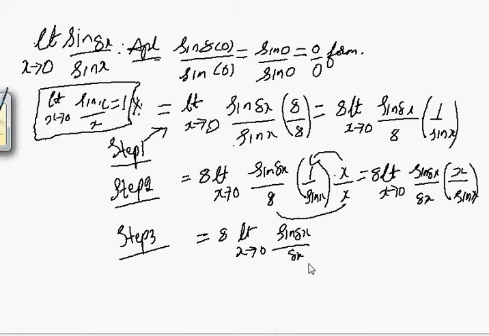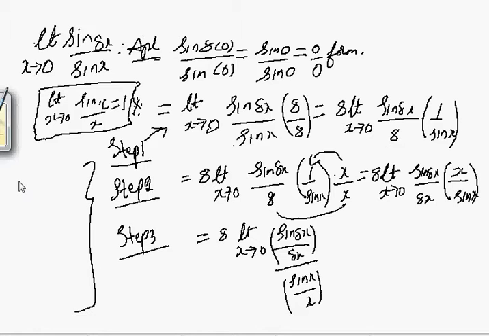Okay, and then I am going to write x over sine x as sine x over x. Why? Now this is something like this. Let me do it here. This is something like this.